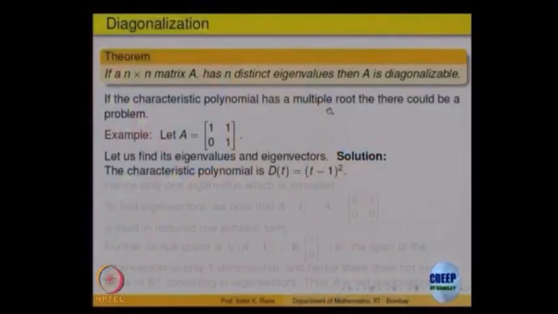So in case all eigenvalues are distinct, you will get n linearly independent eigenvectors. You are very lucky. If not, then the problem can come if the characteristic polynomial has multiple roots. A root is repeated, and for that particular eigenvalue you may be able to find 1 or 2 eigenvectors, we do not know.